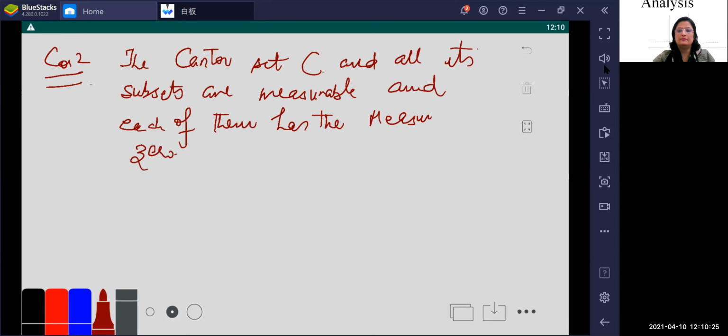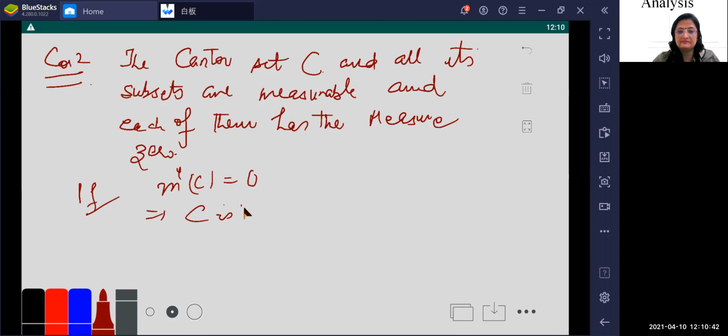We have already proved that m star C is equal to 0. It implies, by the theorem, that C is measurable.